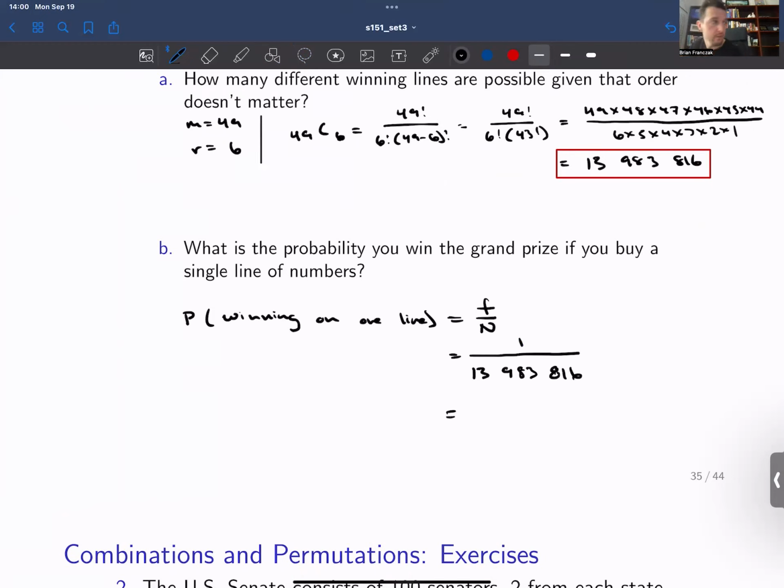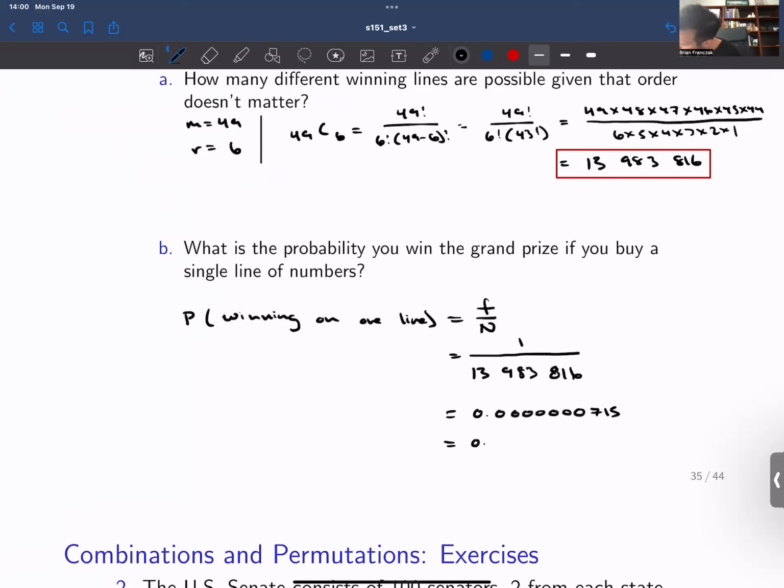Okay. So this is going to give us a very low probability of winning, something times 10 to the 9, I imagine. Oh, times 10 to the 8. So this is 0.0000000715, right?